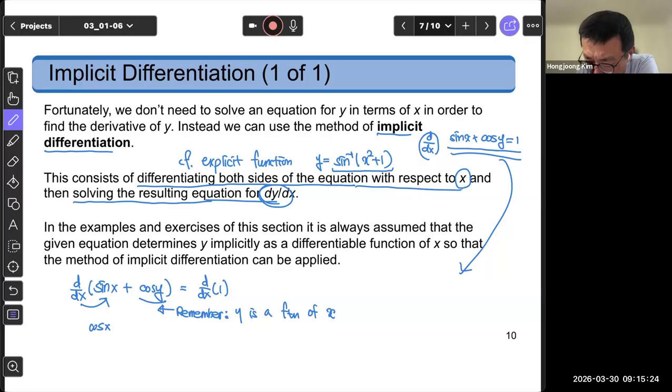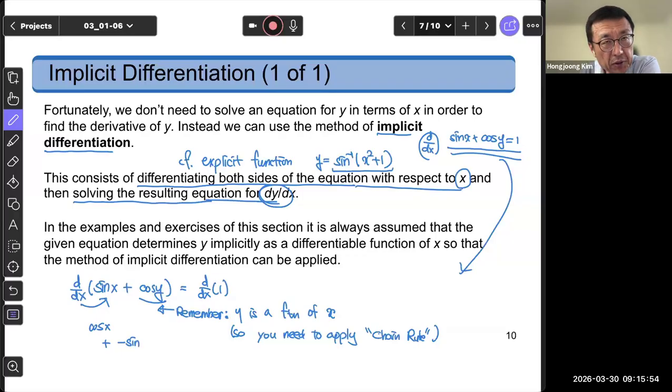So for the next term, when cosine y is differentiated, you first differentiate the outer function, which gives negative sine.